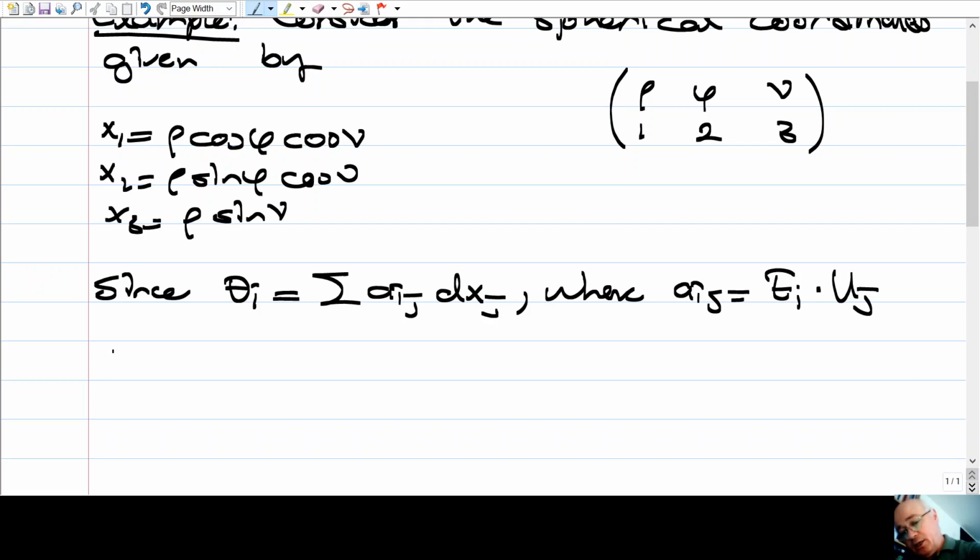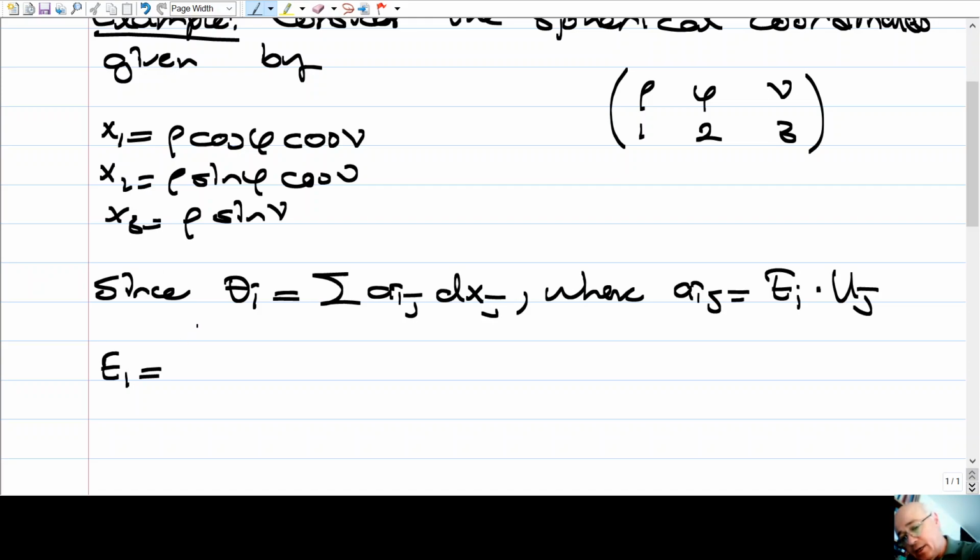What about Ei's? So this adapted frame. Well, to find E1, E2, E3, what we will do is just take the derivative of x1, x2, x3.